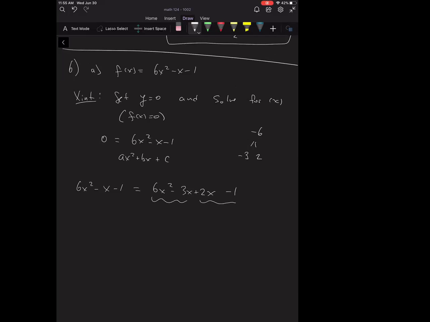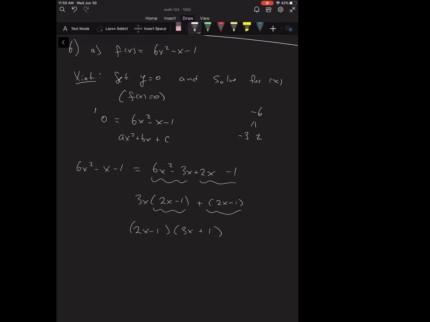So from the first two, we could take out a 3x, and we are left with a 2x minus 1. And then from the last bit, there's nothing we can take out. We just have a 2x minus 1. So now we can factor out this 2x minus 1. From the first term, we're just left with a 3x, and from the last term, we're left with 1 as the placeholder.